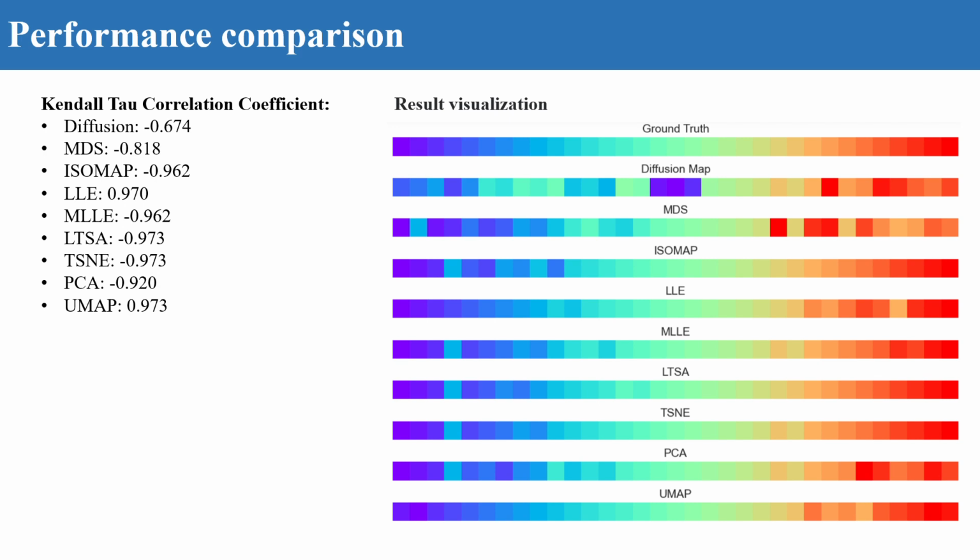In addition, a gradient color scale was used to visualize the result, with the ground truth shown in the first row from deep purple to deep red. By observing the colors, the result of each method can be well compared.